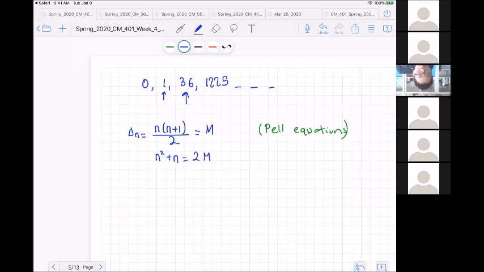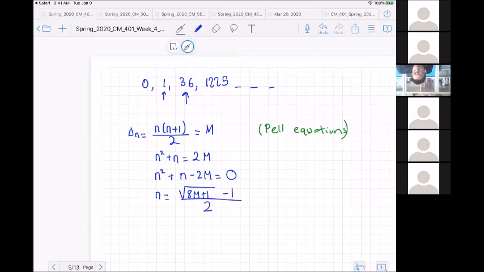Let me write it in this form: n squared plus n minus 2m is equal to 0. With the quadratic equation, we know that n is equal to the square root of 8m plus 1, minus 1, over 2.